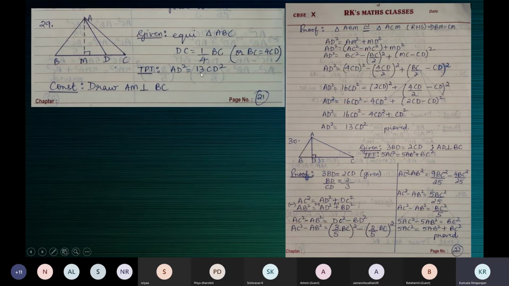So let's find AD square. Now, is CD square a part of any right triangle, children? No, ma'am. It's a part of a triangle, but CD is not a side of any right triangle.